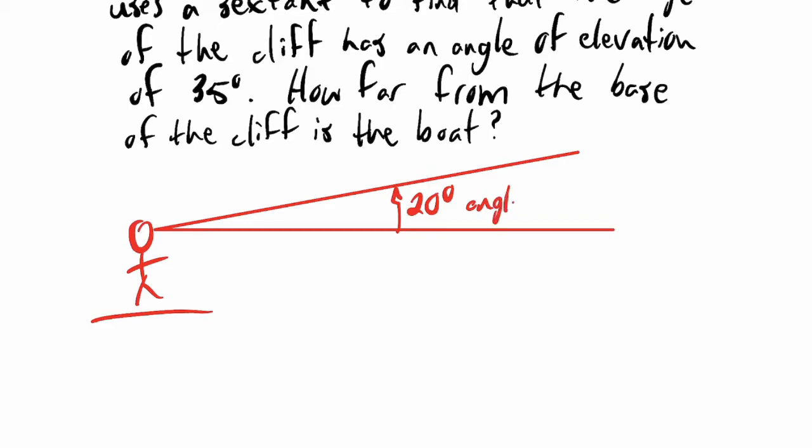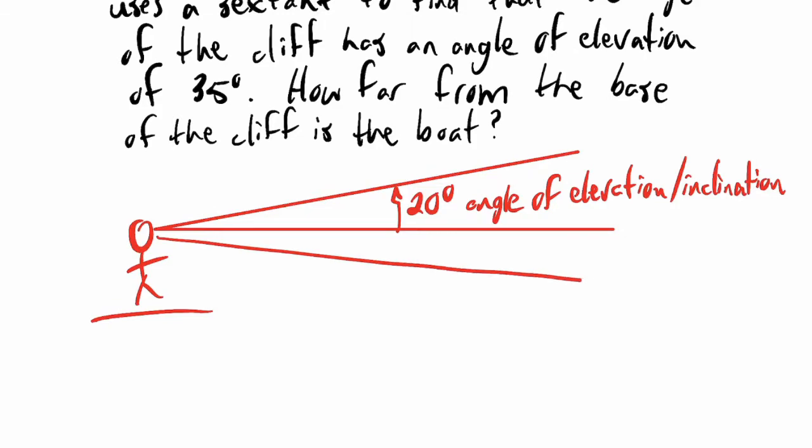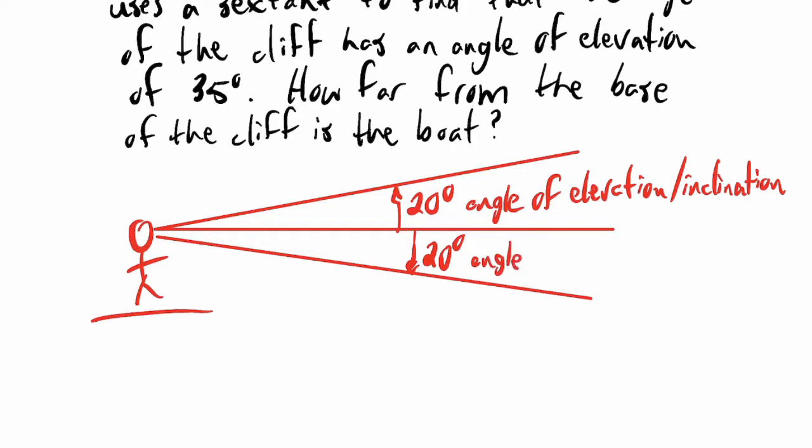Angle of elevation slash inclination. If you're looking down, let's say 20 degrees, this is the angle of, well, declination would be down.